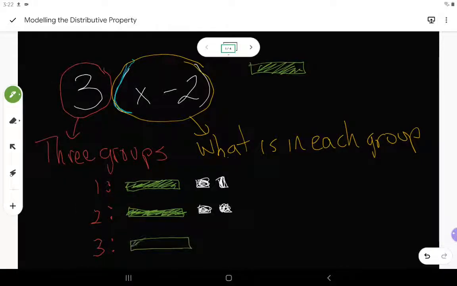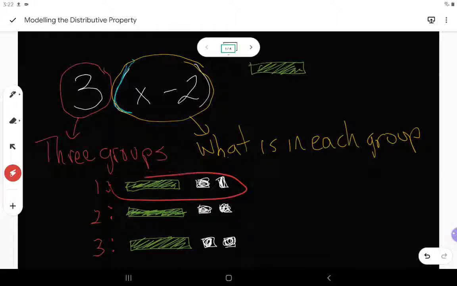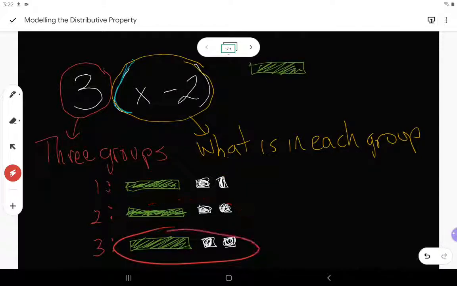So my second group has an X tile and 2 -1s, and then my third group also has its own X tile and 2 -1s. And when you look, I now have 3 groups, so I could put circles around, or I guess ovals. I could oval around them, and I have the same amount of stuff inside each group. Each group has an X in it, and each group has 2 -1s.